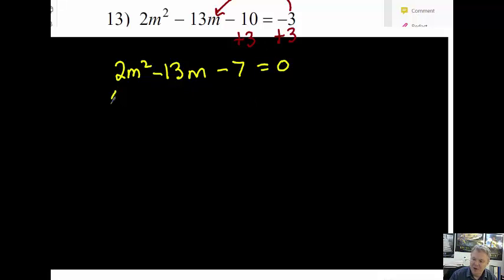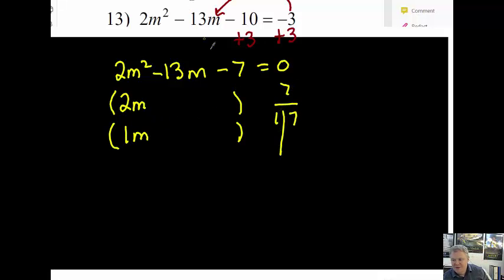So once again, looking at the factors of A, the only factors of A are 2 and 1. And factors of 7 would be 1 and 7. So what are my options there? Let's see how that works. I have to be able to somehow cross multiply these to make 13.